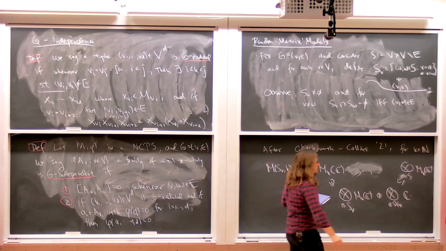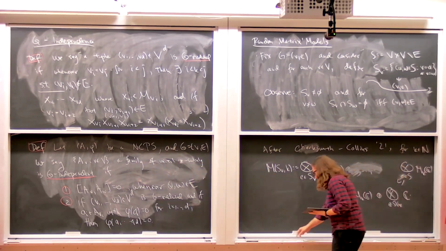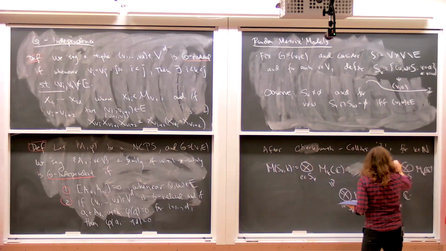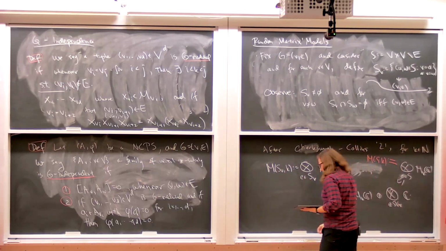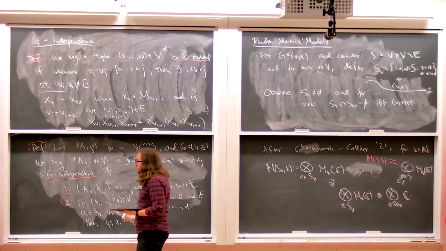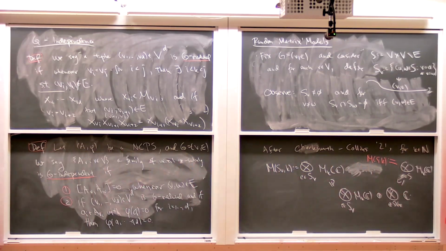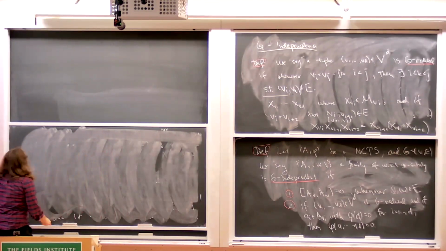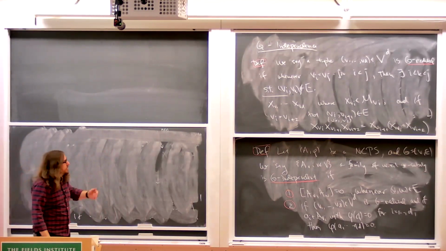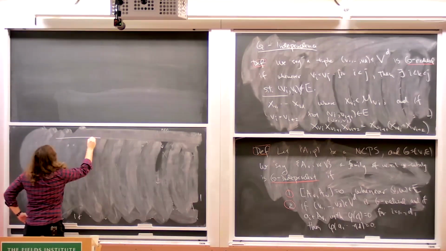Okay, and this over here I'll label as boldface S_k. And well, the way you should visualize this is you should think of all of these tensor factors as a bunch of strings.